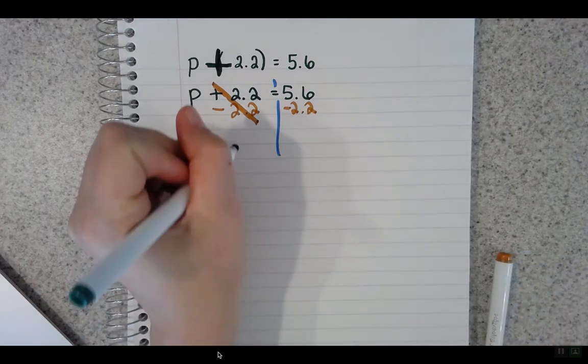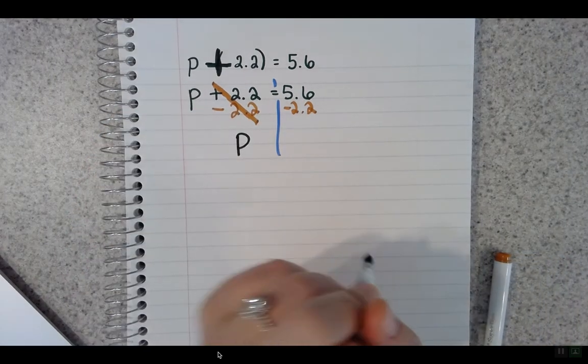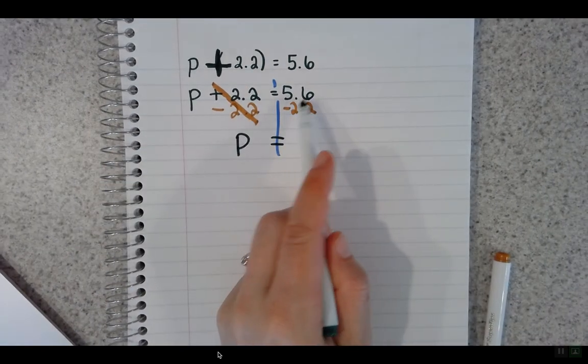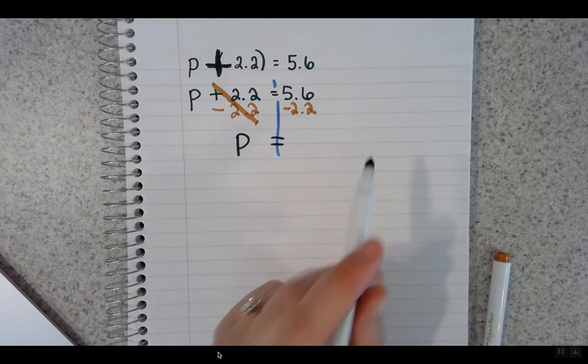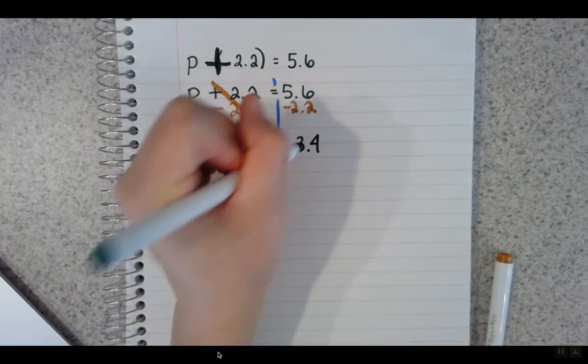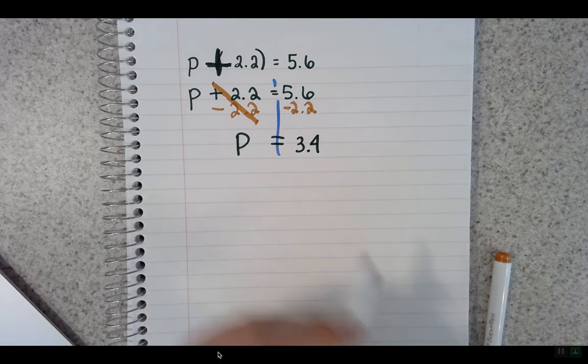And I'm left with p all alone on the left side of my wall equals, now I got to do a bit of subtraction to get my answer. And I get p equals 3.4.